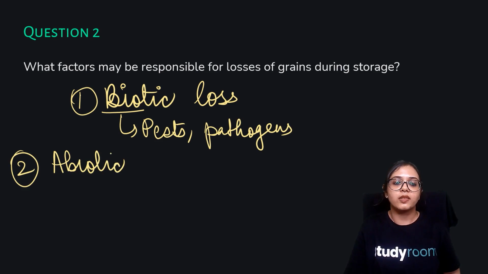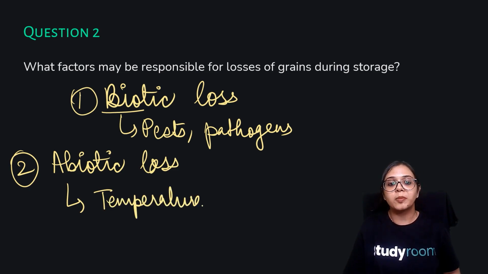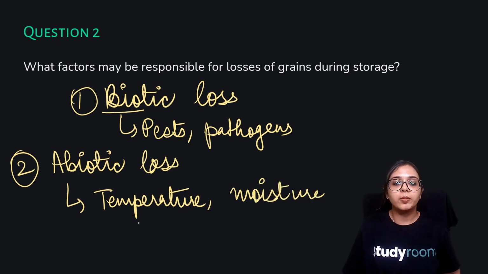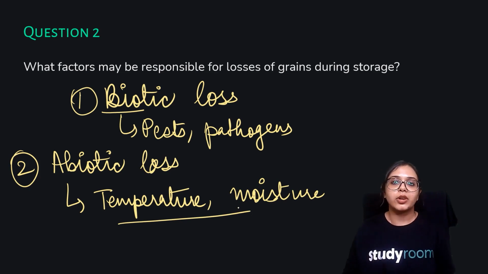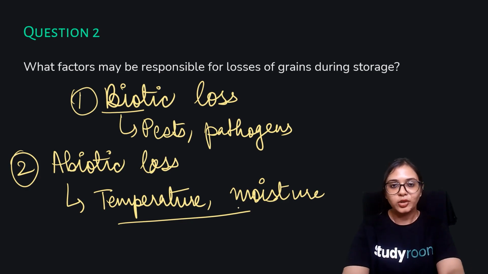That loss is incurred by the excess of heat, say an excess of temperature or excess of moisture, or sometimes even a drop of temperature or a lack of moisture. All right. So some optimum temperature, some optimum moisture is necessary, and an increase or decrease in either of them may lead to the abiotic loss of grains during storage.